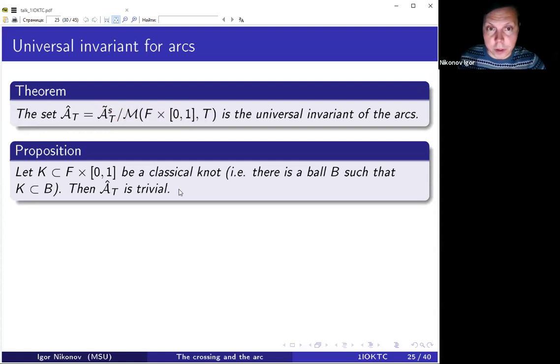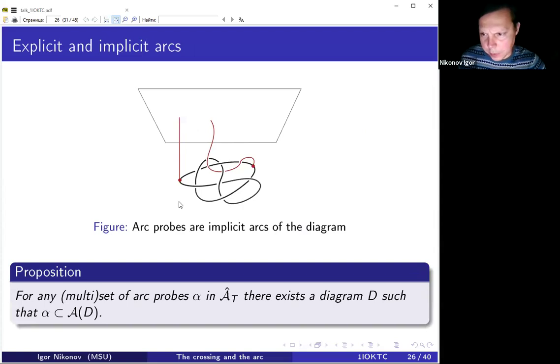But the universal coinvariant is not trivial because there are quantum coinvariants, nontrivial quantum coinvariants. And an analogous construction can be performed for other elements. Another remark.